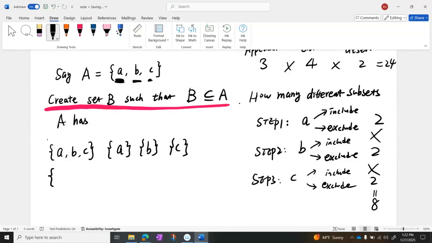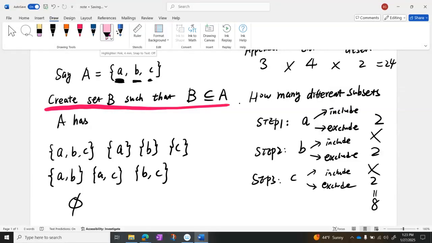So maybe the 2 elements I include are ab or ac or bc. Or I can exclude all 3 elements. Then I have the empty set. Did we talk about the empty set? Yeah, the empty set. So how many different subsets does set A have? 1, 2, 3, 4, 5, 6, 7, 8. Those are all the 8 subsets for A. Do you see it, guys? Do you agree?